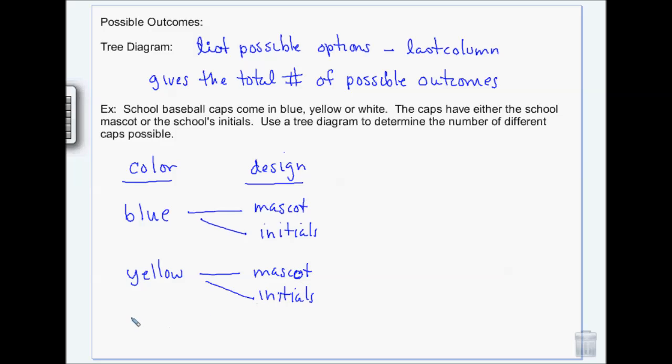And then I can get white with a mascot or initials. Now this is not necessarily the easiest or least time consuming way to do this. This is just one way to do this. So I have 1, 2, 3, 4, 5, 6 possible choices.